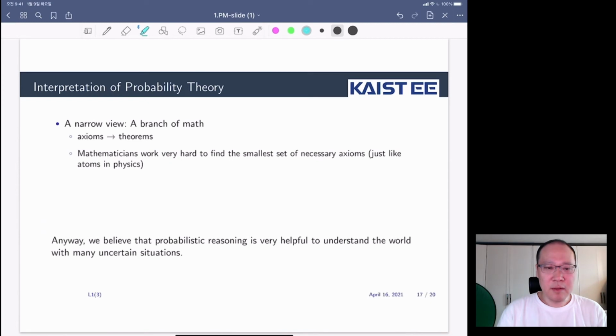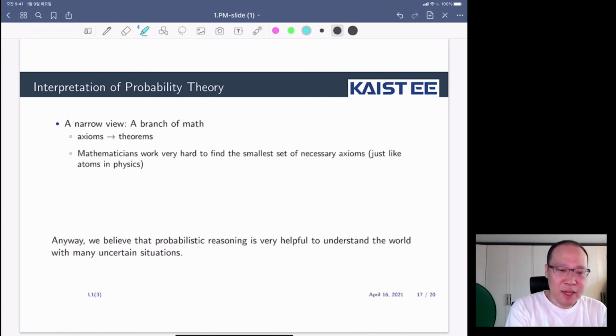Now a little bit of a different story about probability theory. There are different views or interpretations of understanding probability theory. The first interpretation is a kind of narrow view: it's a branch of math. So what is math again?